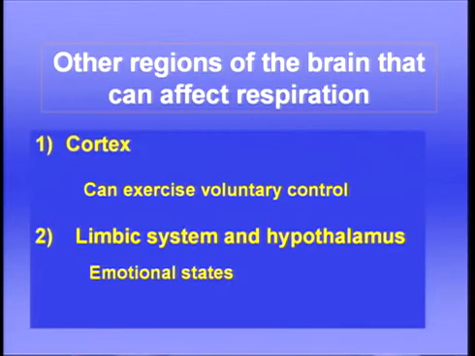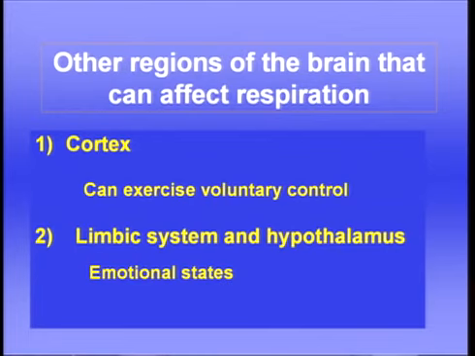Now, in addition to these controllers in the brainstem, other regions of the brain can affect respiration, and we should just mention these. First of all, the cortex is very important, and we're all familiar with that. We know that we can hyperventilate if we want to. In fact, it's not difficult to hyperventilate over a minute or two, and you can drop your PCO2 in the arterial blood to close to half the normal value.